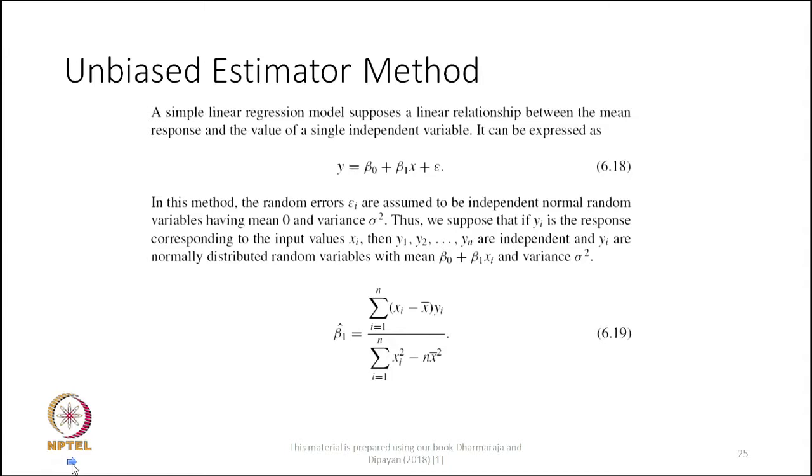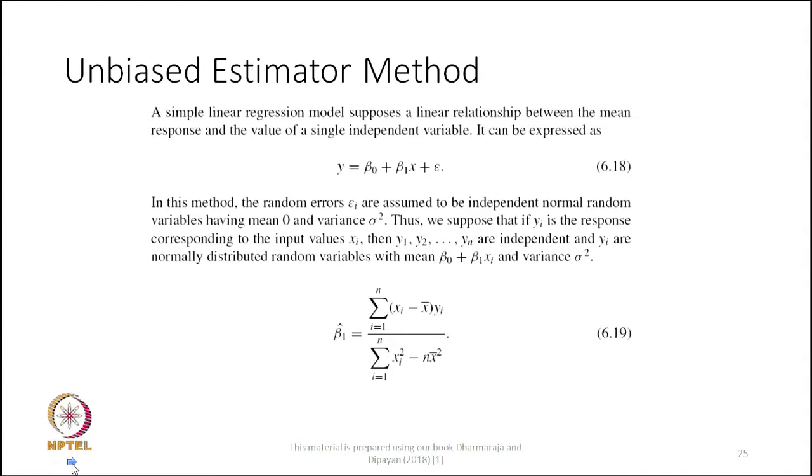Again we are coming back to simple linear regression with one independent variable. Therefore, y is equal to beta naught plus beta 1 x plus epsilon, and how one can estimate beta 1, that is beta 1 cap, I have written. That is basically what we have written earlier, just elaborated in an expanded way.